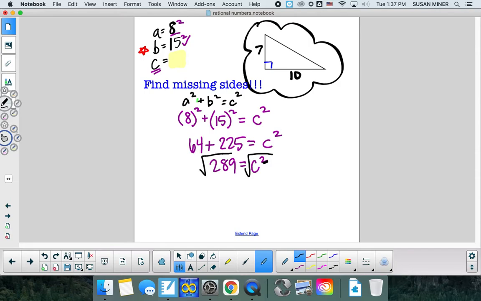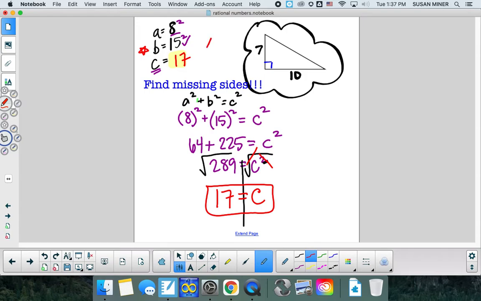So I'm going to square root both sides, and then this is going to cancel with the square root and leave me with just C. And the square root of 289, I can put it in my calculator, or I can use my perfect squares chart to figure this one out, is 17. So C is equal to 17. And now I know the side length.